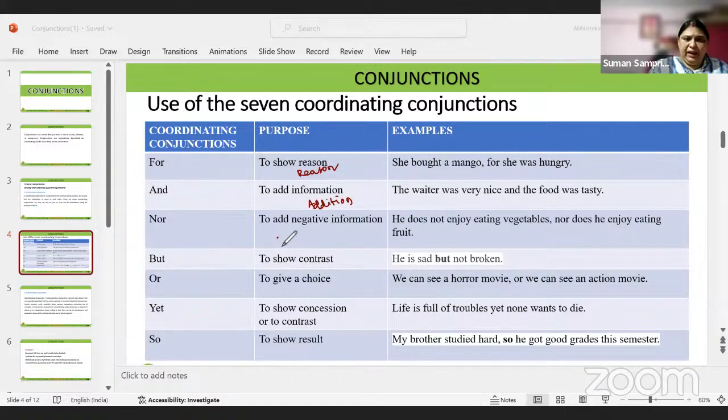It is doing addition again, but that is negative addition. Yes. Then we'll go for "but", that shows opposition. Let's say opposition, just to understand. It doesn't show any opposition, it shows contrast, meaning two opposite ideas. So I wrote opposition just to make it easier. "Or" makes selection.